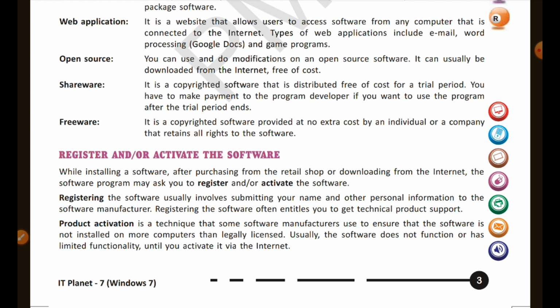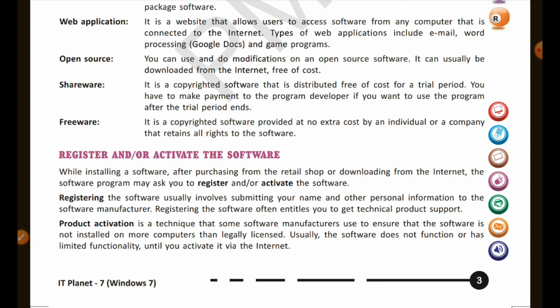Registering the software usually involves submitting your name and other personal information to the software manufacturer. Registering the software often entitles you to get technical product support. Means by registering you can also get the technical product support of that software. And it also helps the programmer to register and get your data.